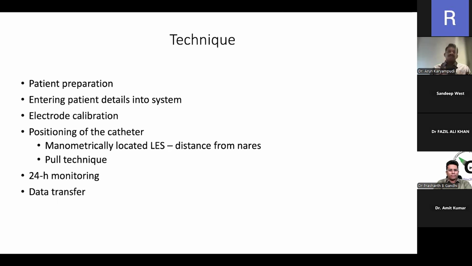I have already told you that the position of the esophageal pH sensor is very important. It has to be placed 5 centimeters above the LES. Once you place the esophageal pH sensor above the LES, you need to anchor the catheter to the nose. This is very important. You need to use a good quality adhesive plaster to anchor the catheter to the nose.